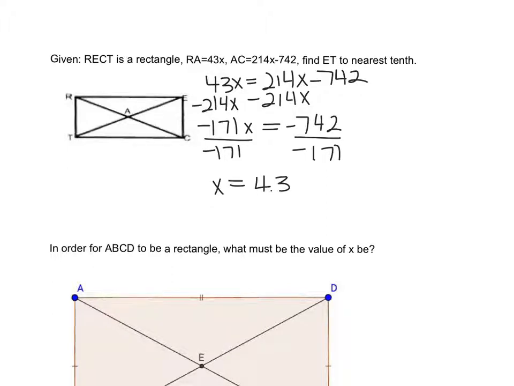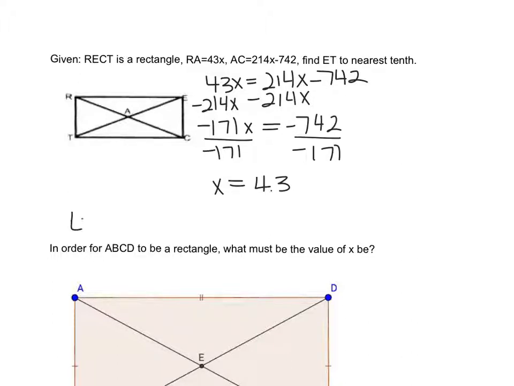It's a decimal, but because we want to find ET to the nearest tenth, we're going to solve for x to the nearest tenth as well. So ET is the length of our other diagonal. Because the diagonals are congruent, it's the same length as RC, which is RA and AC added together, which is basically saying one of them times 2.